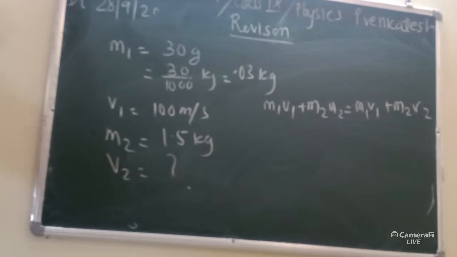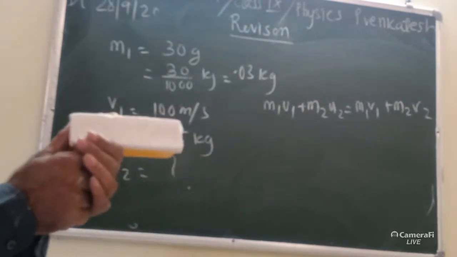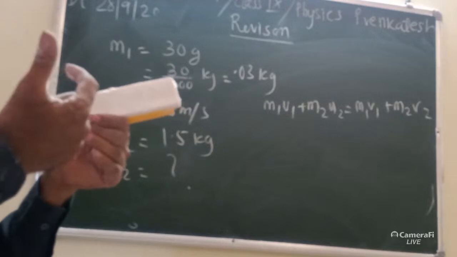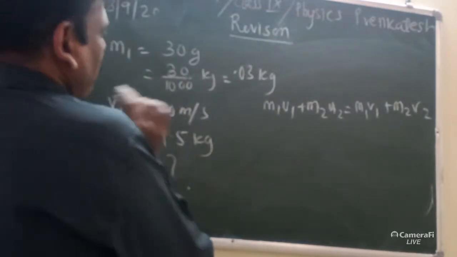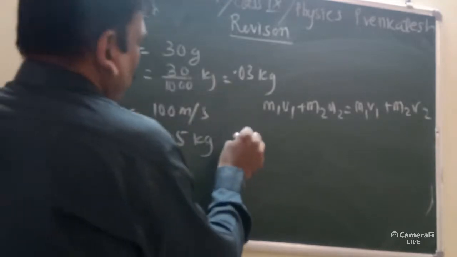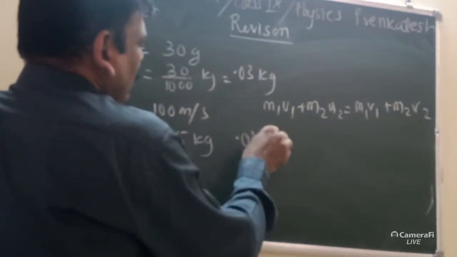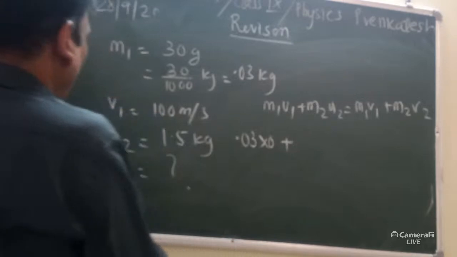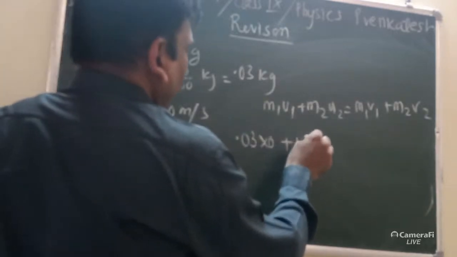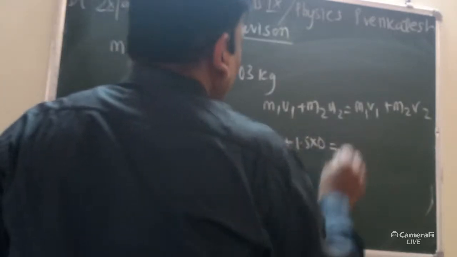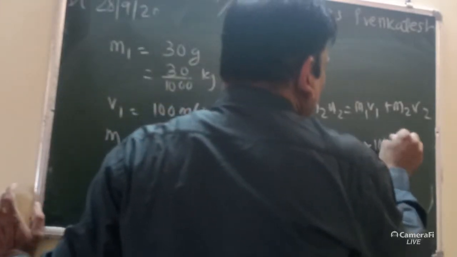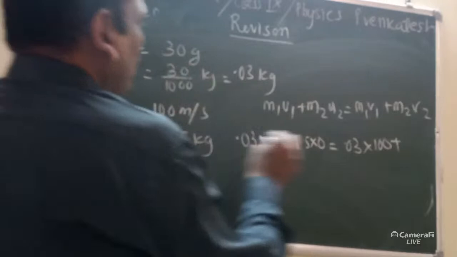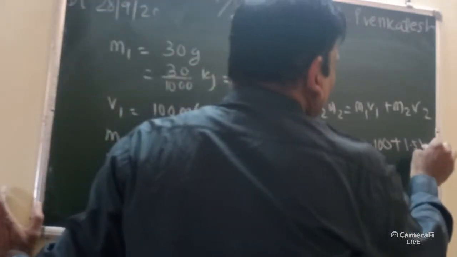Now see, what is the initial velocity when you hold a pistol in this way? It will be 0. First of all, the value of m1 is 0.03, into 0, plus m2, which is 1.5, into 0, equal to 0.03 into the velocity 100, plus m2, which is 1.5, into v2.